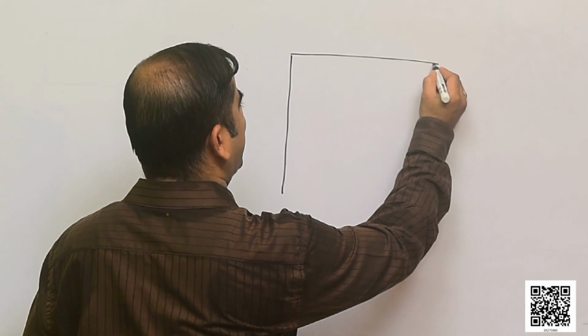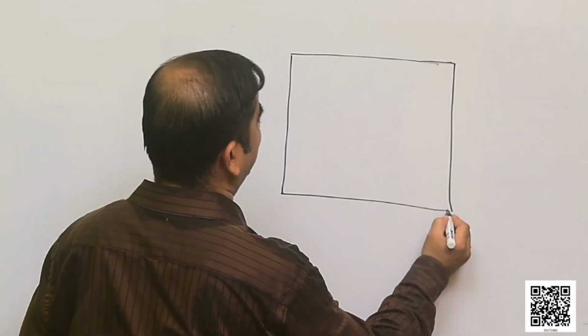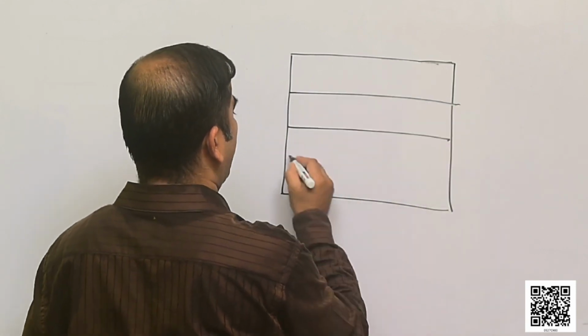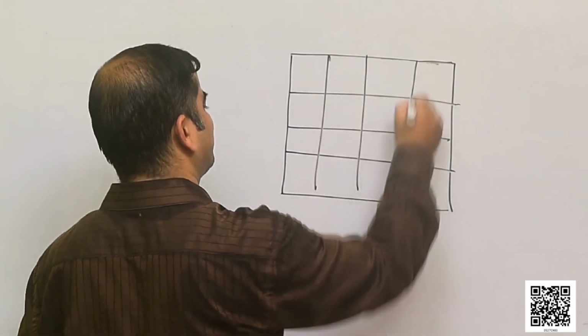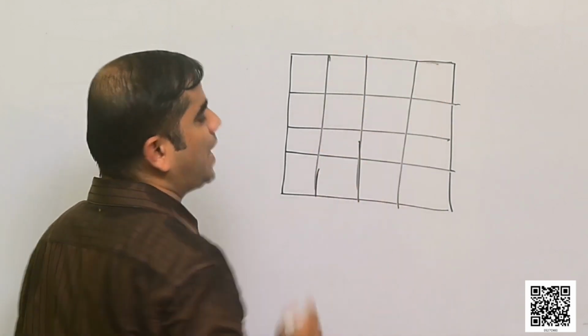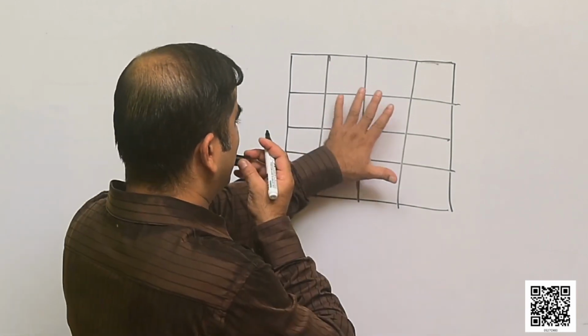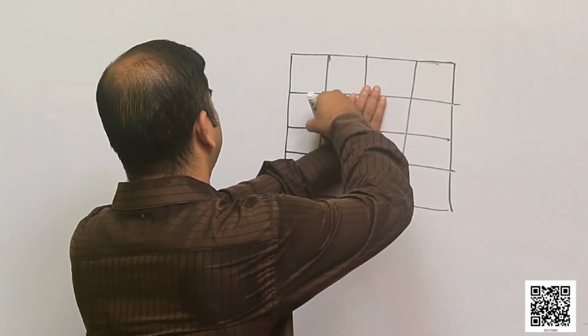As in the next page, a diagram is given having squares of area 1 centimeter square each. So when I keep my palm over here like this, let me draw it.